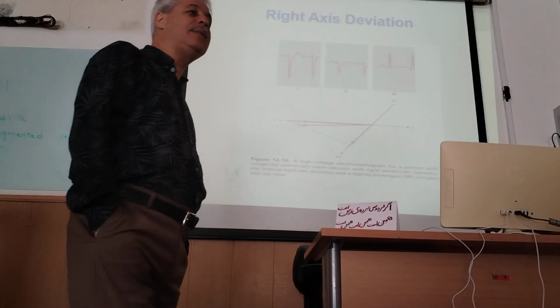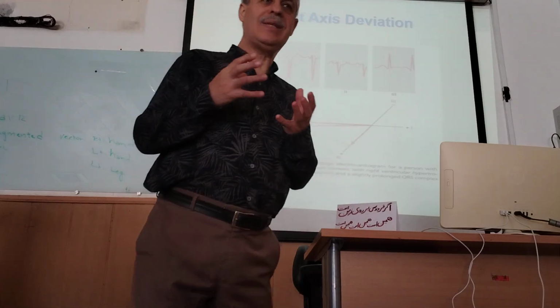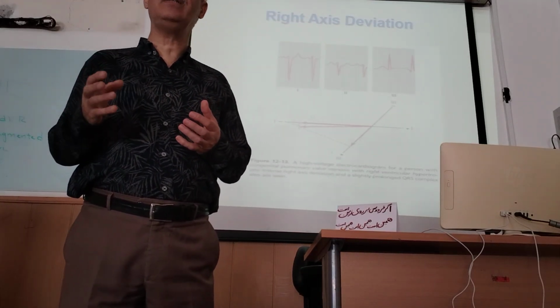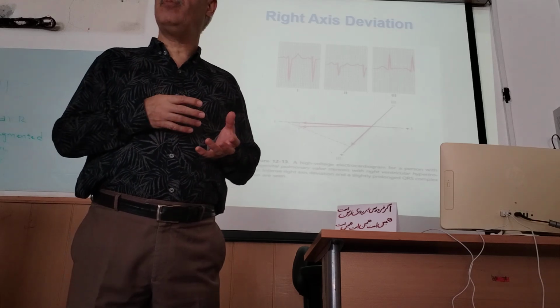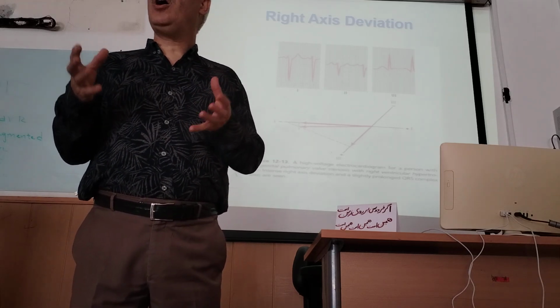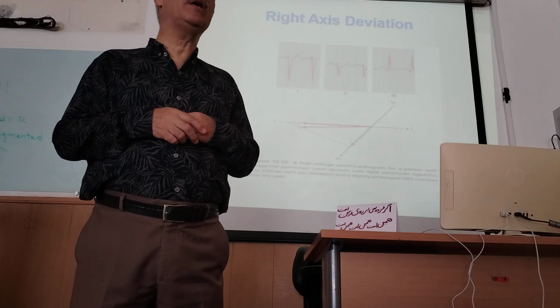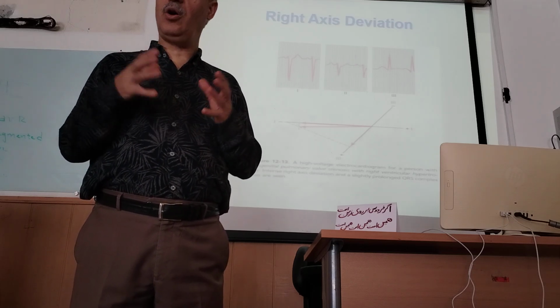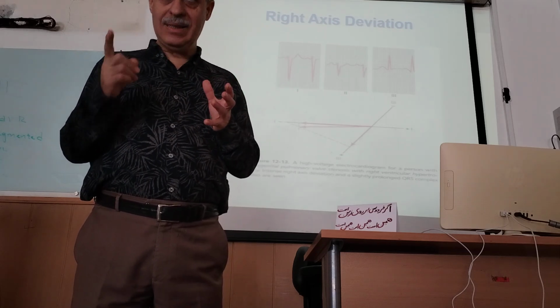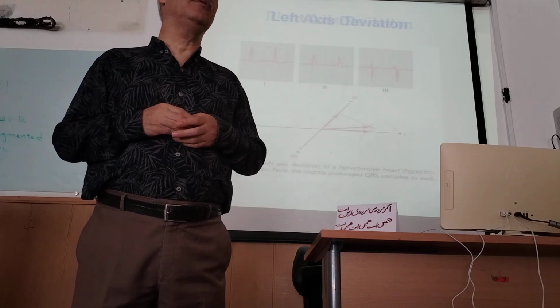In all these cases, the blood cannot move freely from the right ventricle to the pulmonary artery. Then the right ventricle will be hypertrophied. You have a large myocardial mass in the right ventricle.